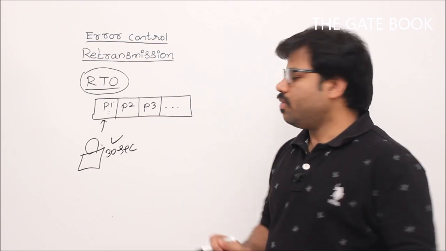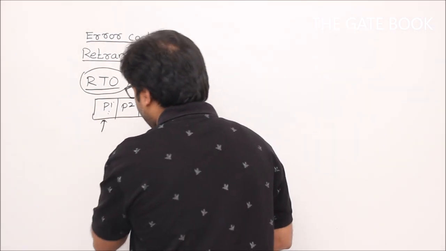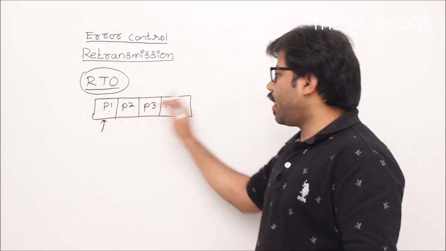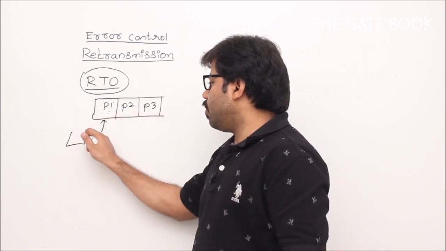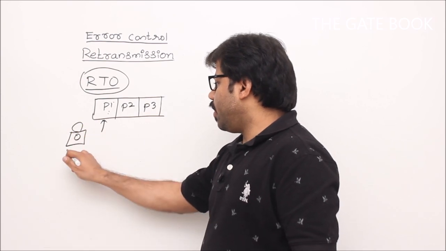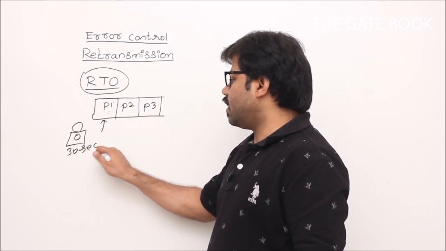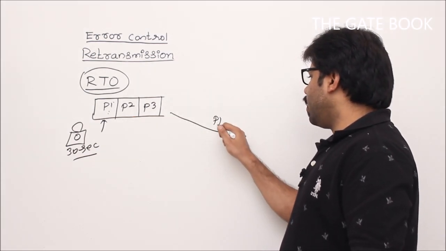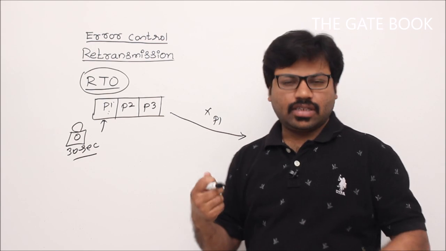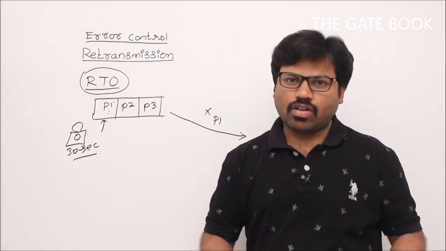Let's say, in the early stage, I will tell you what we do. These are the packets, P1, P2, P3. What I do is I take the timer first, set it to 30 seconds, then I send P1. In transit, let's say P1 is lost, the receiver doesn't know about P1, so he will not send any acknowledgement.